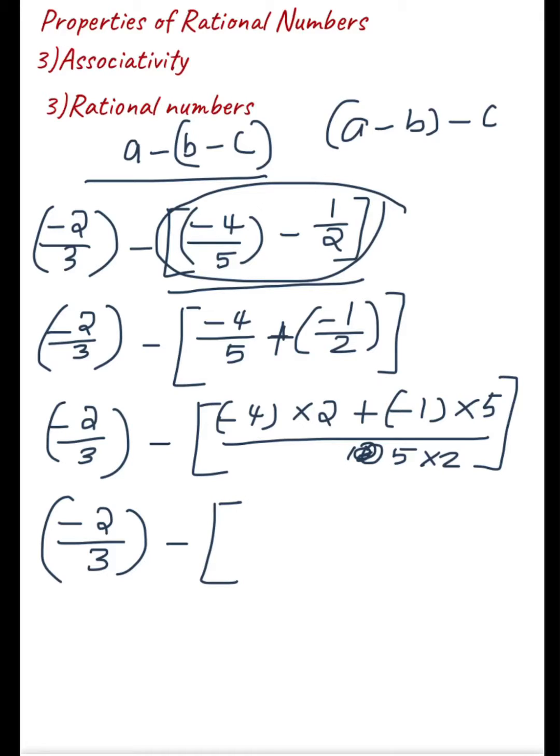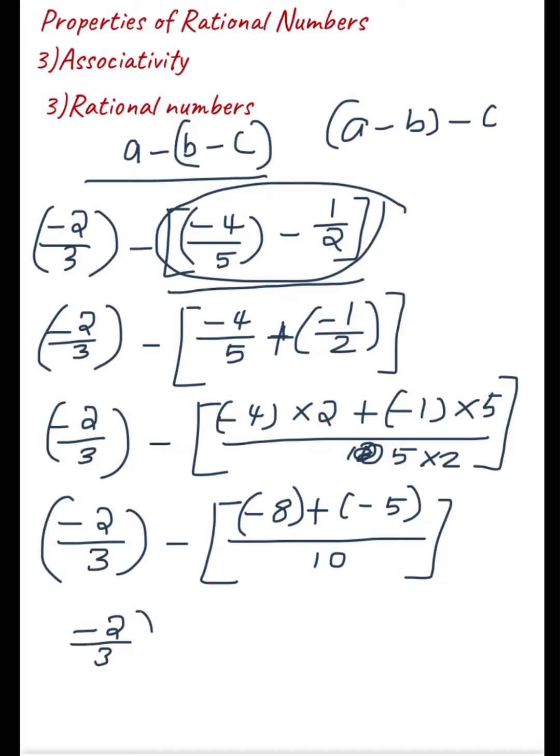Minus 4 into 2 is minus 8, plus, what is minus 1 into 5? It's minus 5, divided by 10. So minus 2 by 3 minus, what is minus 8 plus minus 5? It's minus 13 divided by 10. So inside the bracket we got minus 13 by 10.